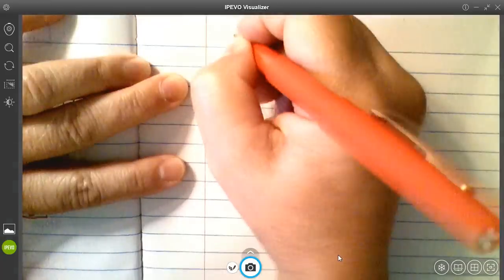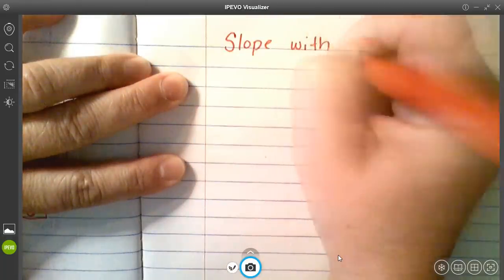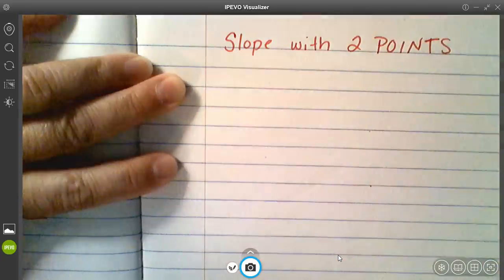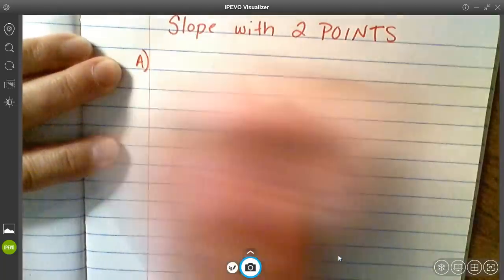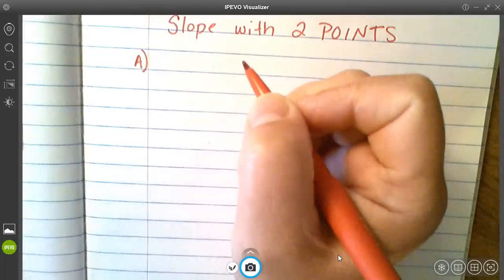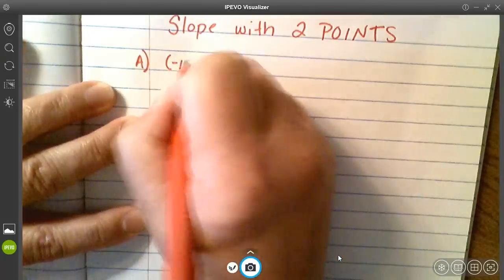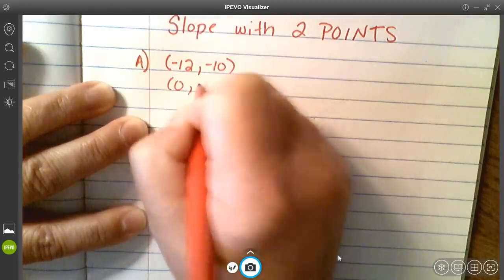And the last way we are going to find slope is with 2 points. Okay, so for my first example, my 2 points are -12, -10, and 0, -6.